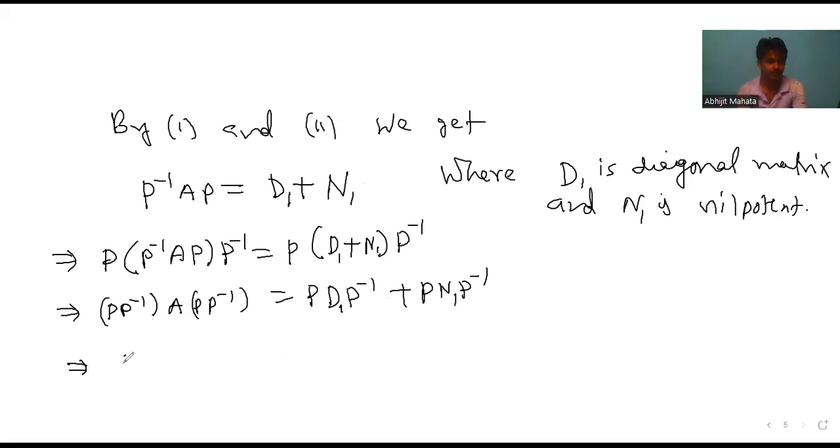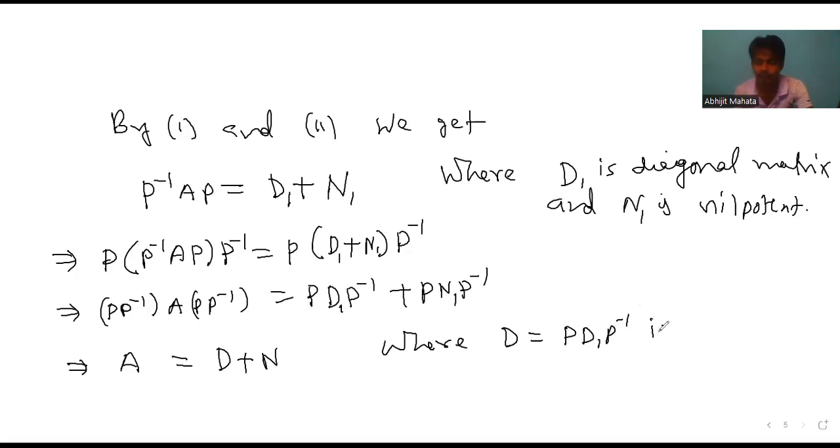So P P inverse is identity, and we get A equal to D plus N, where D is P D1 P inverse, which is a diagonalizable matrix.